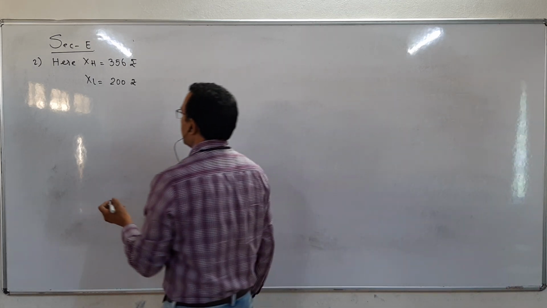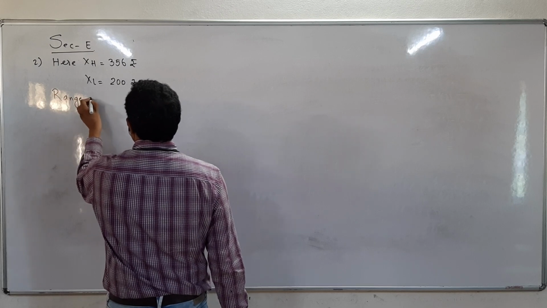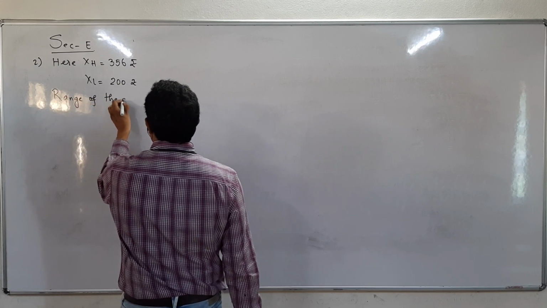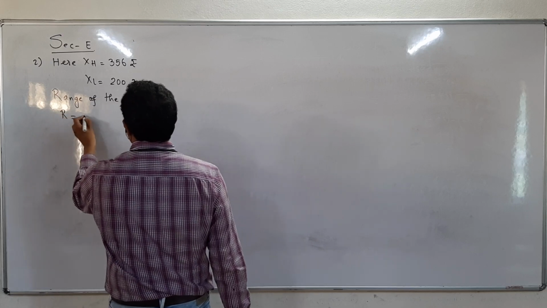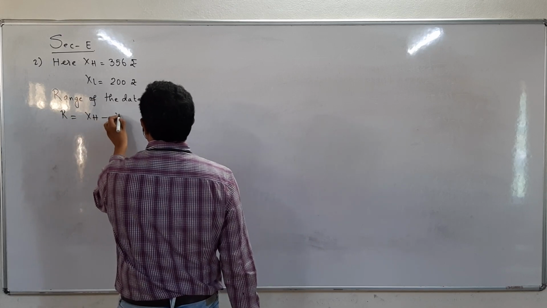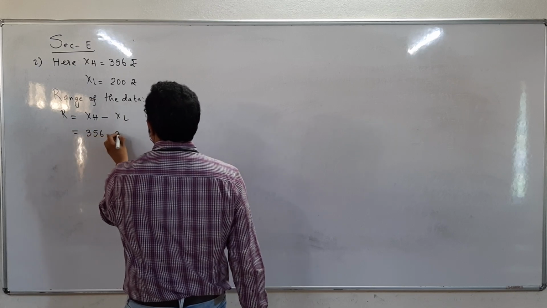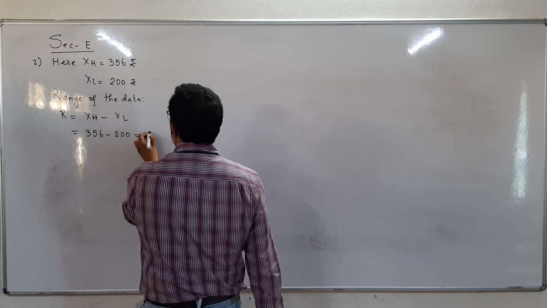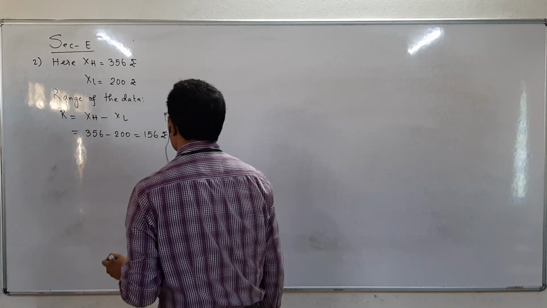So the range of the data, R is equal to XH minus XL, 356 minus 200, so 156 rupees.